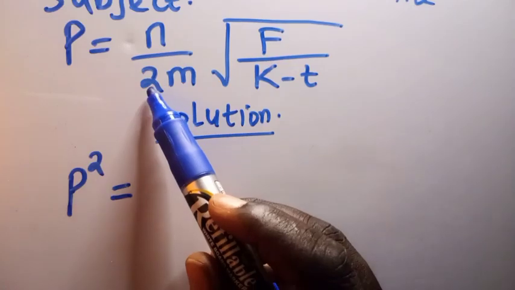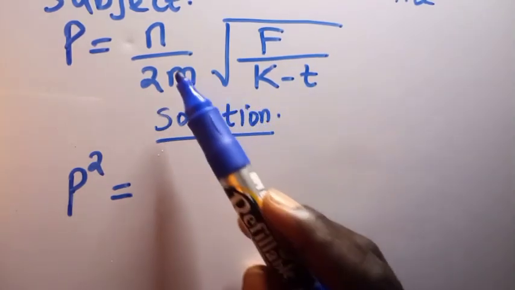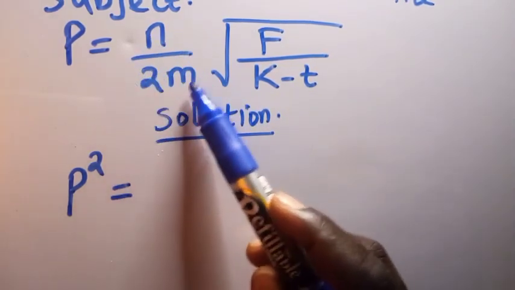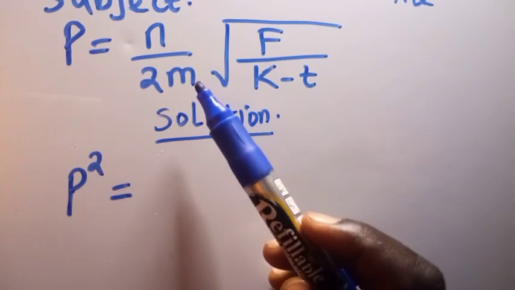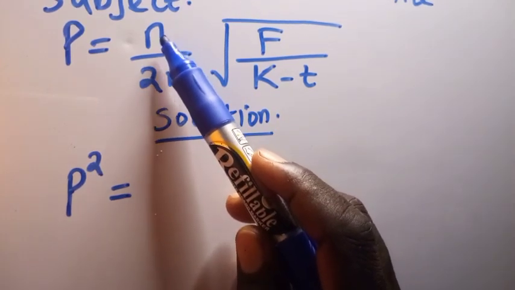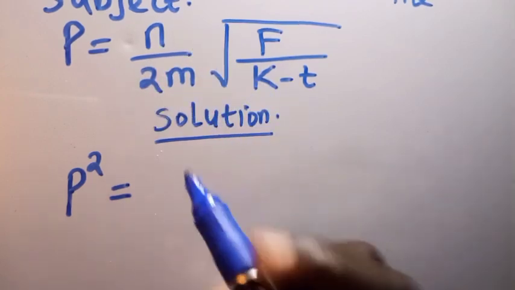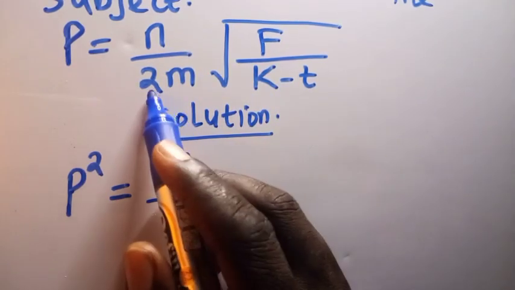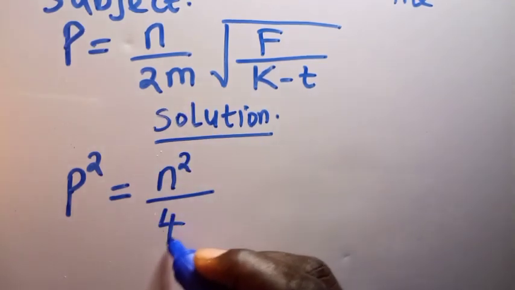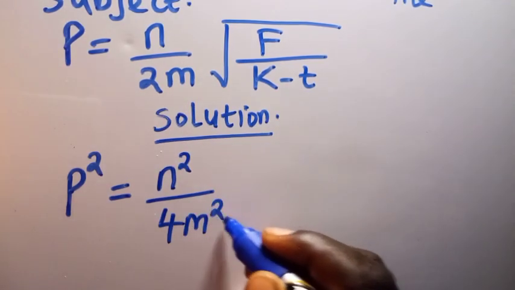And if we see what we have on our left hand side, this one is not under the root sign, and therefore we square it directly. If we square it directly, then we shall have n squared divided by, if we square 2m, it will be 4m squared.